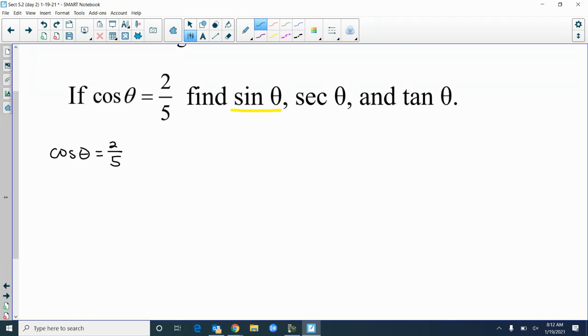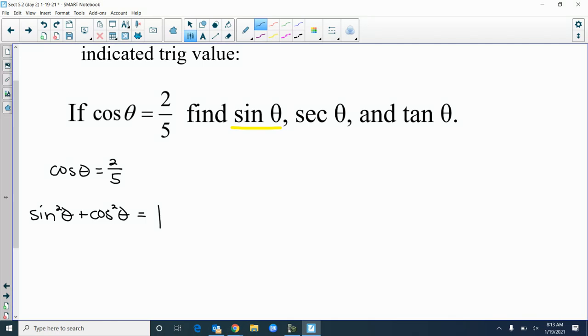What's the first Pythagorean identity we got? Sine squared plus cosine squared equals 1. Remember, cosine squared theta is the same as cosine of theta quantity squared.